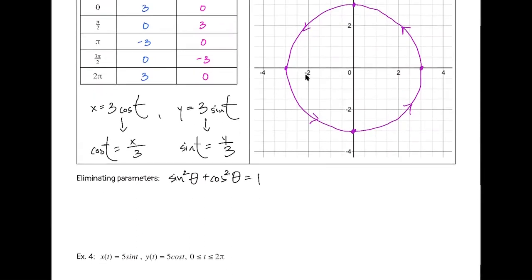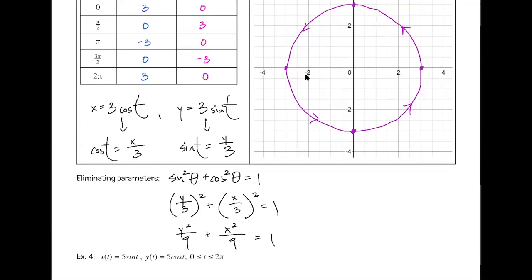Now I'm going to take the x over 3 and the y over 3 and substitute it into the equation below. That's going to give me (y over 3) squared plus (x over 3) squared equals 1. If I square everything, I get y squared over 9 plus x squared over 9 equals 1.